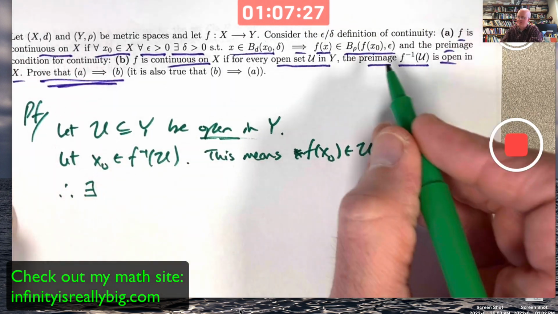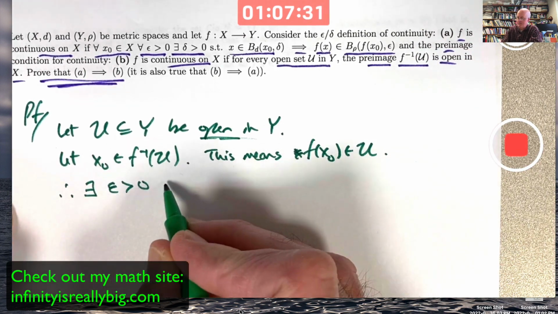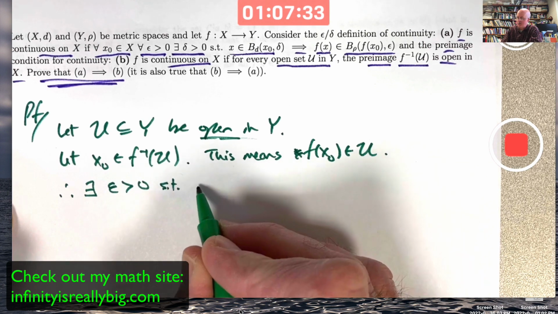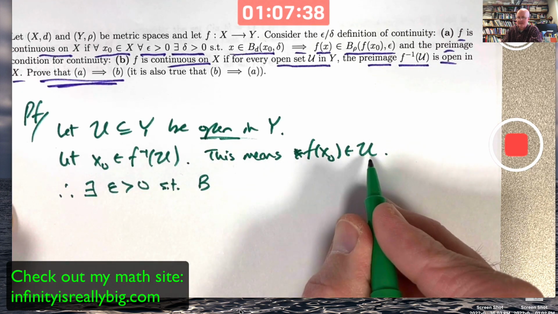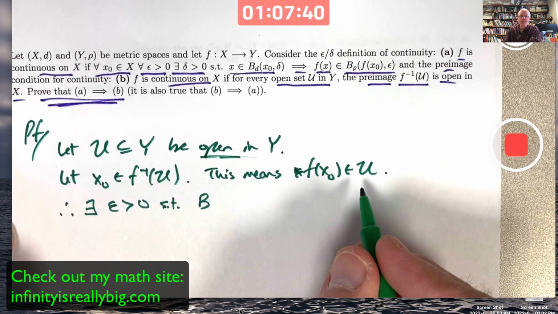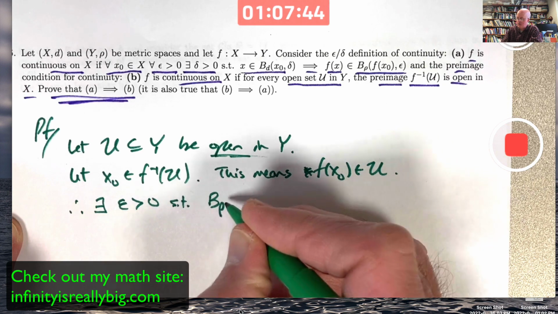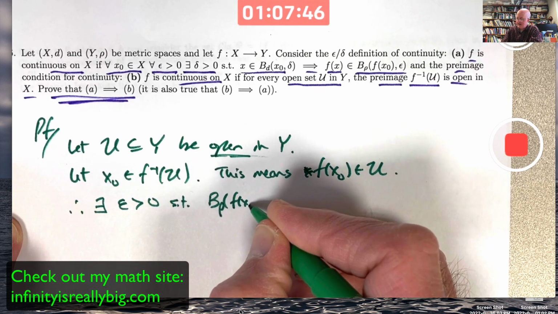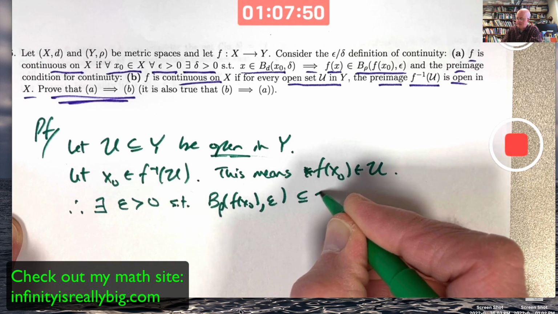How about epsilon? There exists an epsilon greater than 0 such that the open ball of radius epsilon centered at f of x0 is a subset of U. Open ball with respect to the rho metric, B sub rho, centered at f of x0 with radius epsilon is a subset of U.